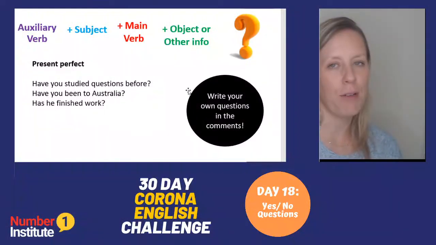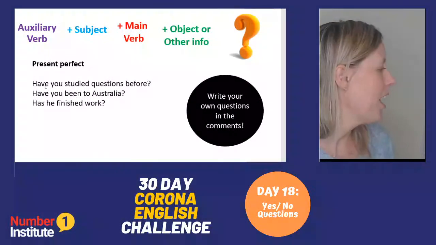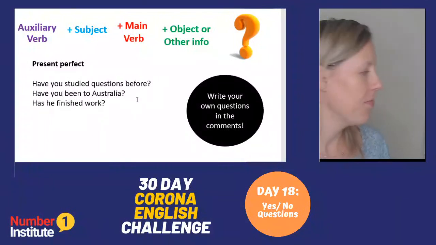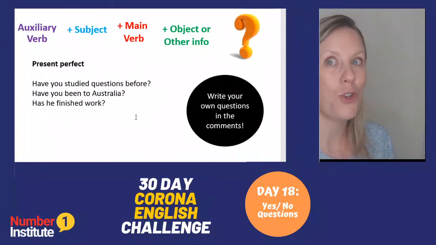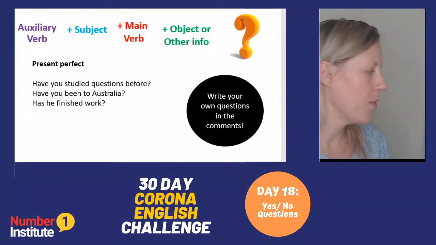All right, so present perfect. So this is, have you been to Brazil? We've got, have you studied questions before? Have you been to Australia? And has he finished work? So we've got the present perfect form.